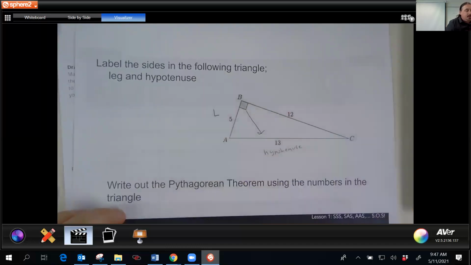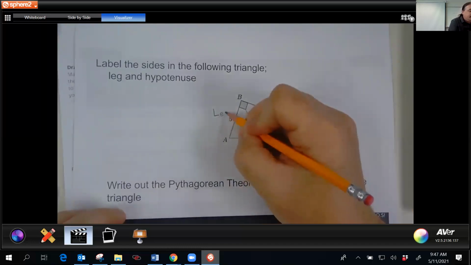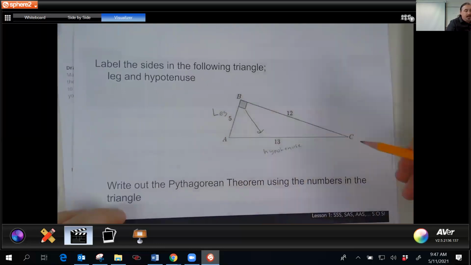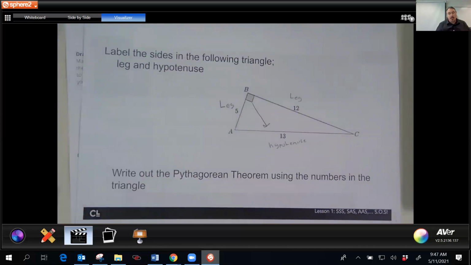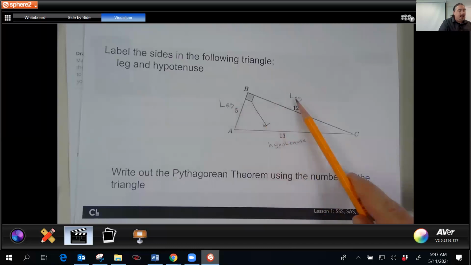This one here I would call the short leg. B, C, I would call the long leg. They're not always going to have a short leg or a long leg. They may both be the same size. That's okay. But make sure you recognize the legs and the hypotenuse and how to find the hypotenuse.